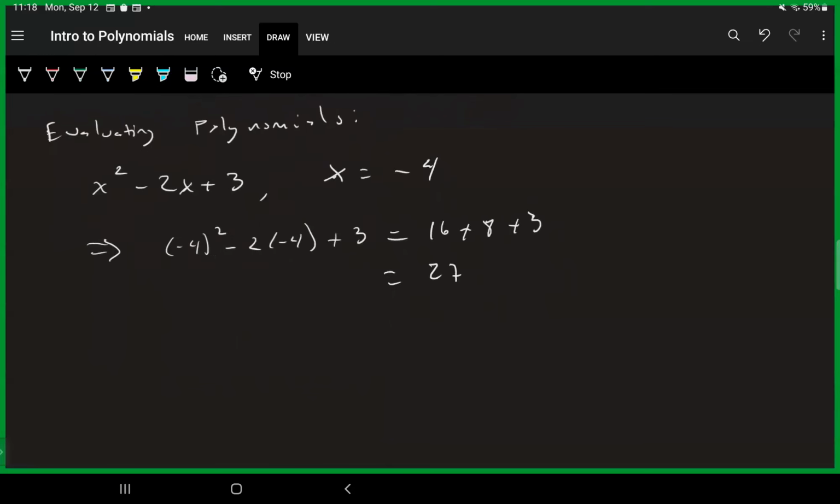Sometimes you might see this in the terms of polynomial functions. So if I have p of x is equal to 3x squared plus x minus 2, and I'm asked to find p of 5, it's a plug and chug again.